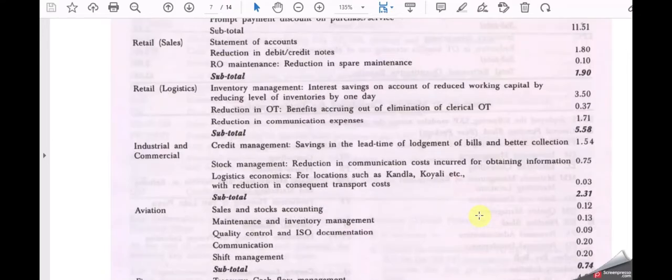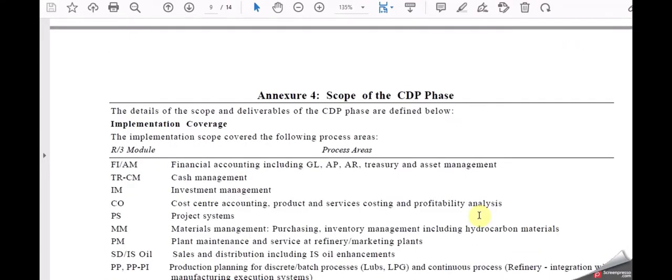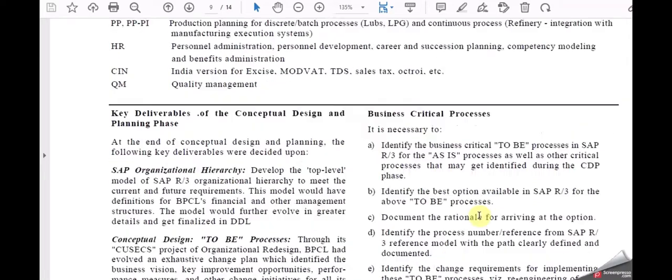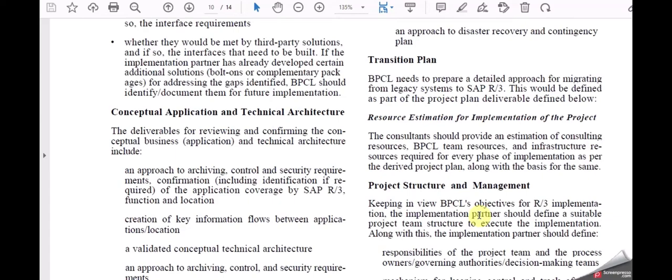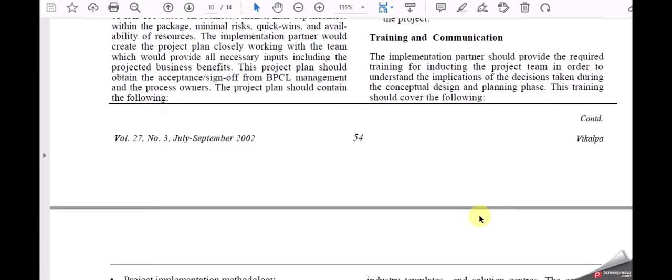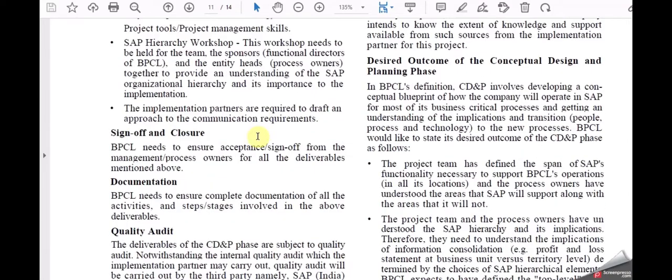cross functional audit details, scope of CDP, basically the project plan, how it has been implemented.